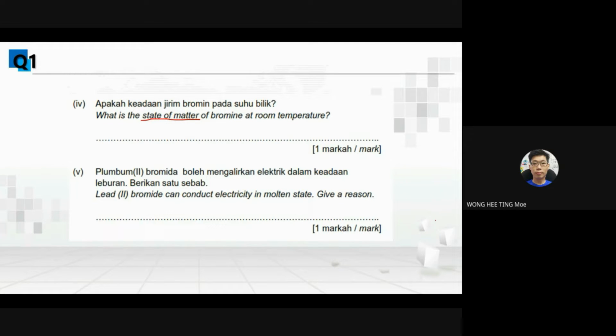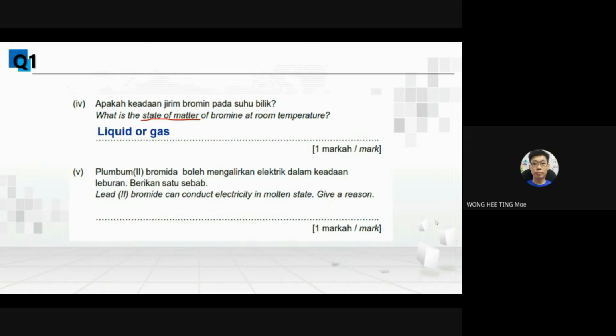Normally we call it bromine gas or bromine water. So it is a liquid actually, or gas also can, because it can vaporize easily. But normally we call it bromine water.